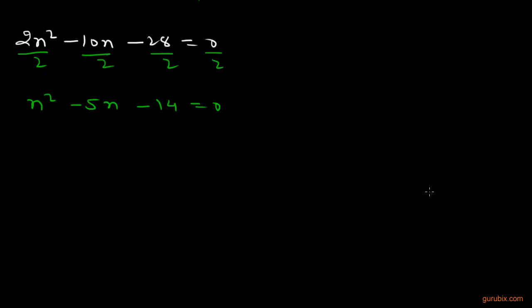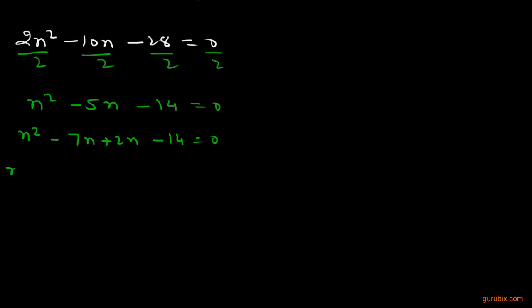Now we shall factorize this quadratic equation by the middle term factorization method, and we get n square minus 7n plus 2n minus 14 equals 0.